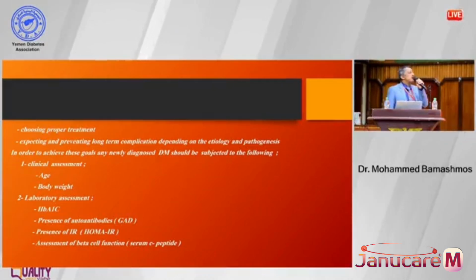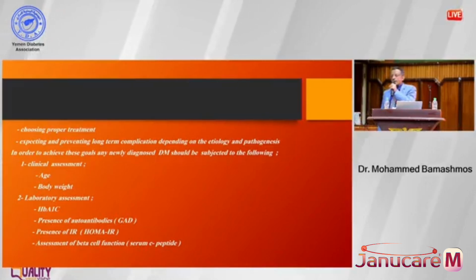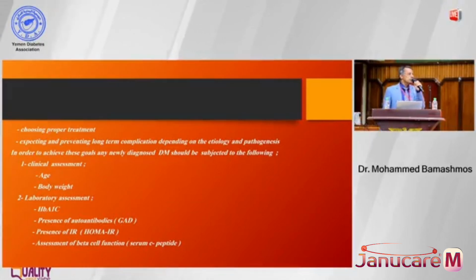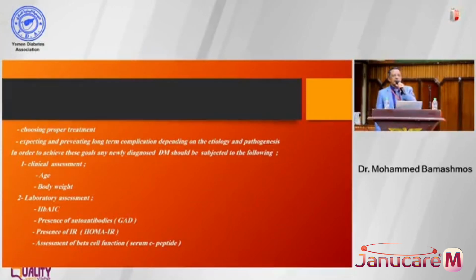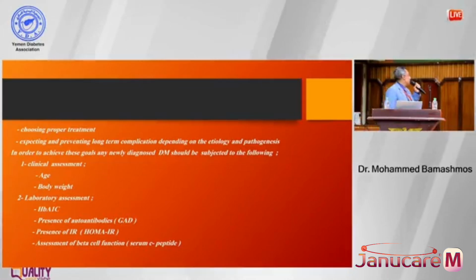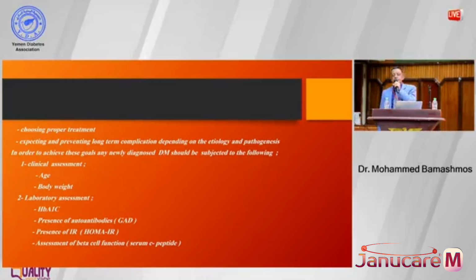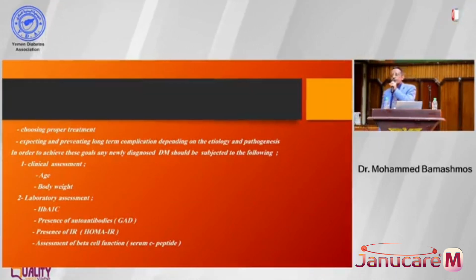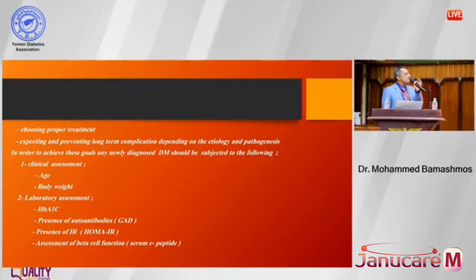The second is the laboratory assessment, including the assessment of the HbA1c, the presence or absence of autoantibody, assessment of insulin resistance by the homeostatic model assessment of insulin resistance (HOMA-IR), and assessment of the beta cell function by measurement of the serum C-peptide level. So any patient newly diagnosed should be subjected to all these investigations.